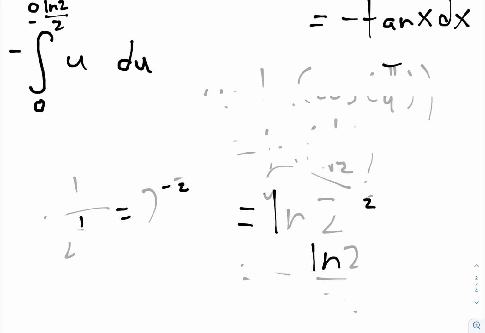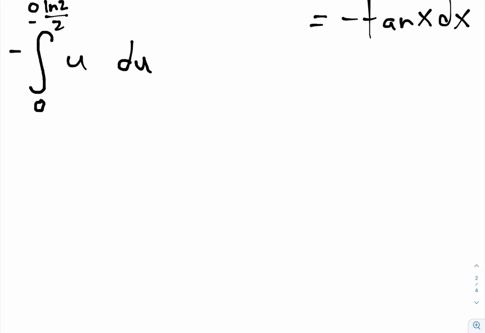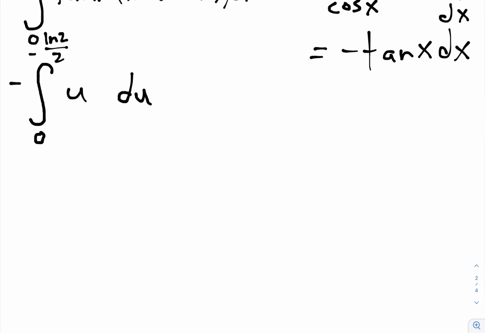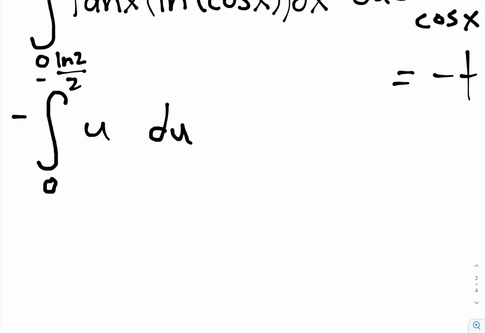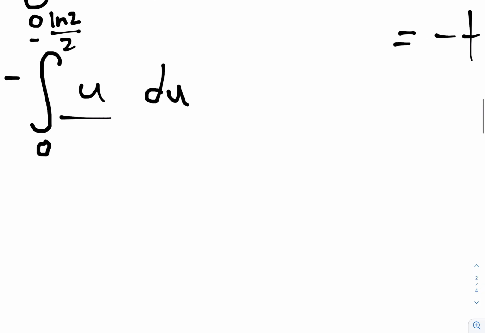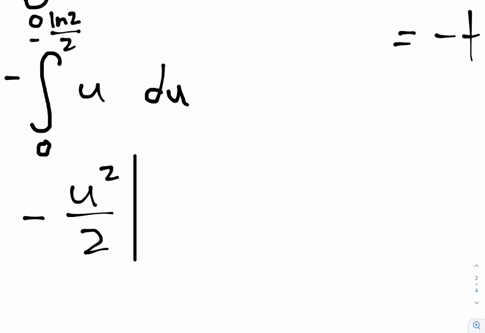So now that we've done that, we can actually evaluate this here. So if we want to evaluate the definite integral of u du, it's going to be negative u squared over 2, right? And we're evaluating this from negative ln 2 over 2 and 0.